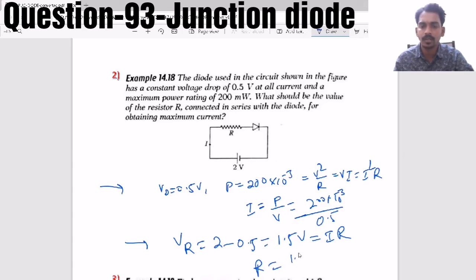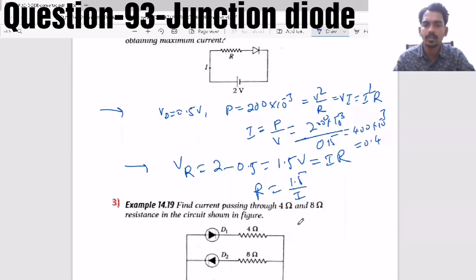Then the resistance will become 1.5 by I. The I value you will get from here: 400 into 10 power minus 3, or else 0.4. So just take the I value and substitute here, then you will get the unknown resistance value, capital R.